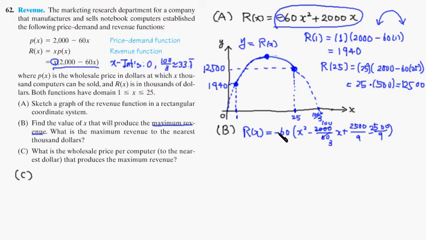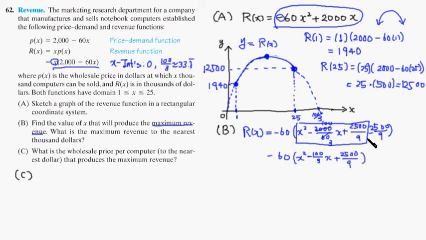Then we can group these first 3 terms together to complete the square. So you have negative 60 times (x squared minus 100 over 3x plus 2,500 over 9).